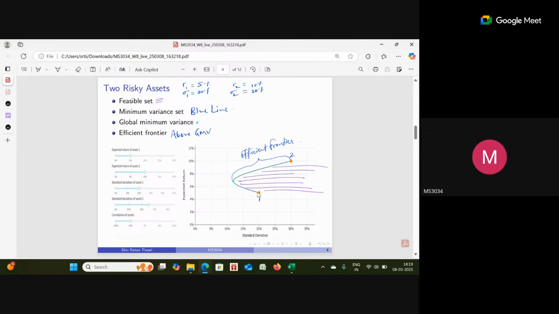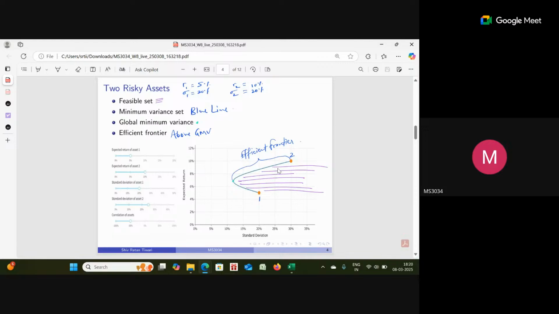These two orange dots denote these two assets in this return and standard deviation plane. Now, let's suppose you have 100 units of wealth, you give different weights to these two assets, and then you derive all the possibilities for your portfolio in terms of return and standard deviation.